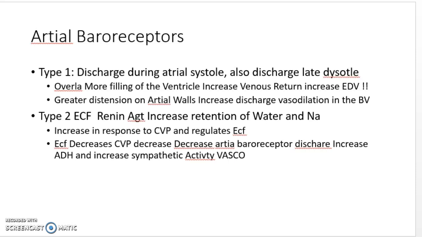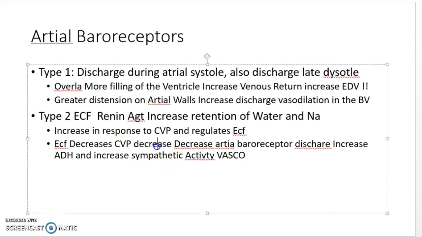Type 2, or extracellular fluid baroreceptors, are going to be very important in making sure that there is vasoconstriction. When the extracellular fluid decreases, this causes a decrease in the central venous pressure. When central venous pressure decreases, this causes a decrease in atrial baroreceptor discharge.